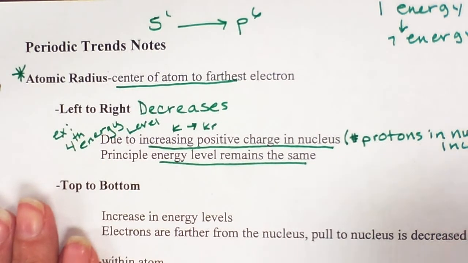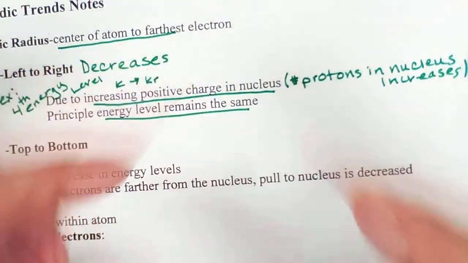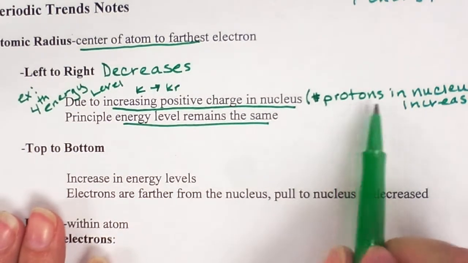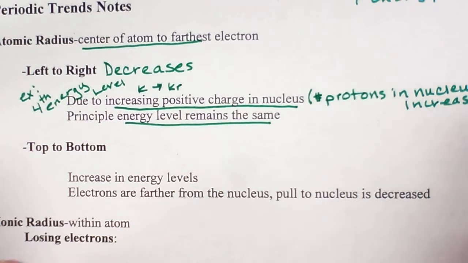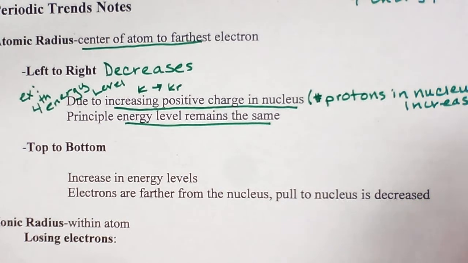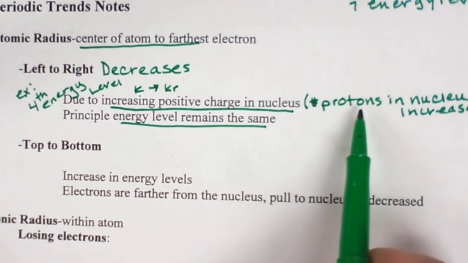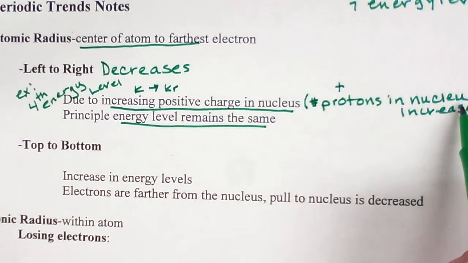And so what that means is the electrons aren't getting any farther away from the nucleus. They're not getting any farther away, but the number of protons in the nucleus is increasing. We call this the nuclear effective charge. And that is increasing from left to right because the number of protons, the positive charge of the nucleus, is increasing.